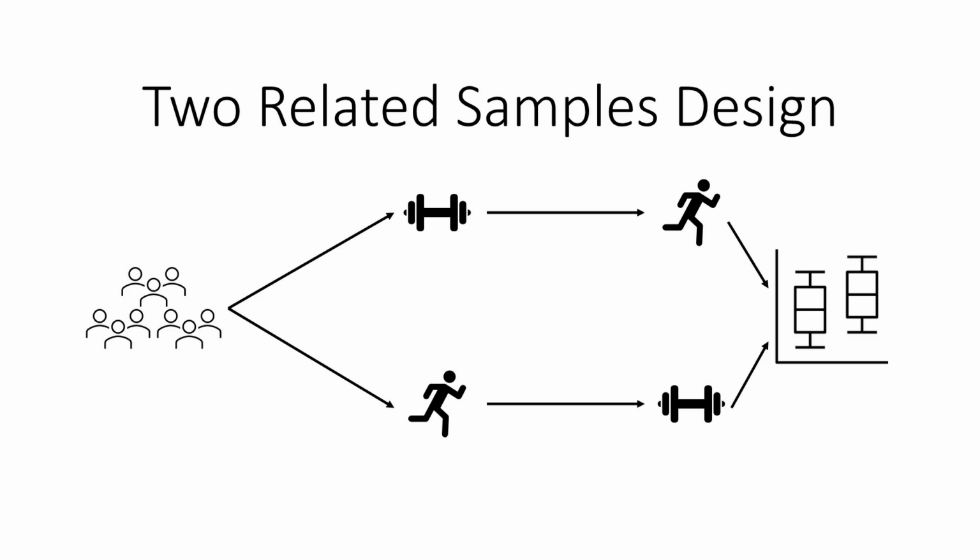But this data has all come from the same sample of individuals, and so the different samples of data that we have are related to one another. So we'll be comparing weights to running, but these samples of data will be related because they come from the same sample of individuals.